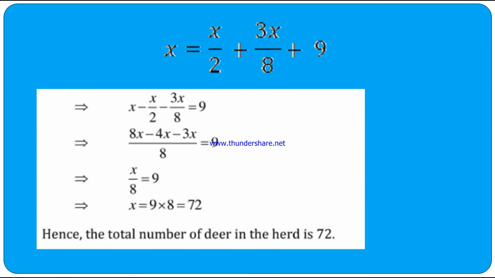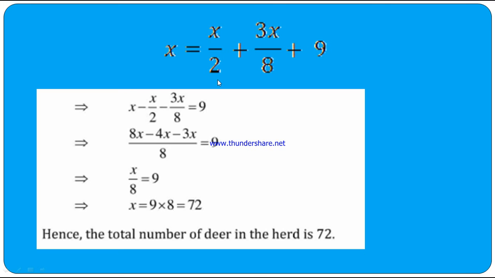So as usual, what do we do, children? We bring the x terms to one side and the constant term to the other side. On the left-hand side x is already there. So let's bring x by 2 and 3x by 8 from the right-hand side, because both are x terms, to the left-hand side.